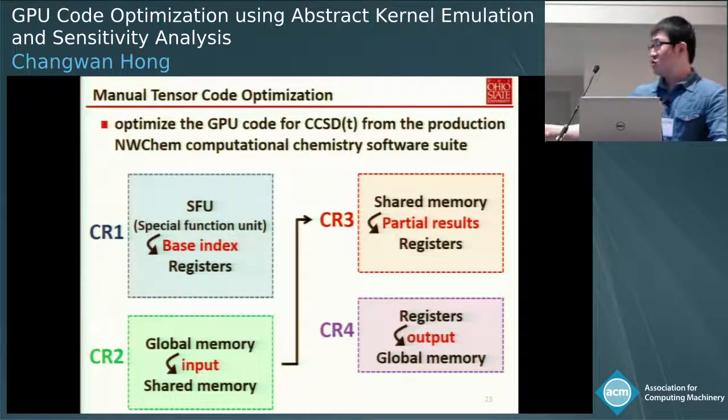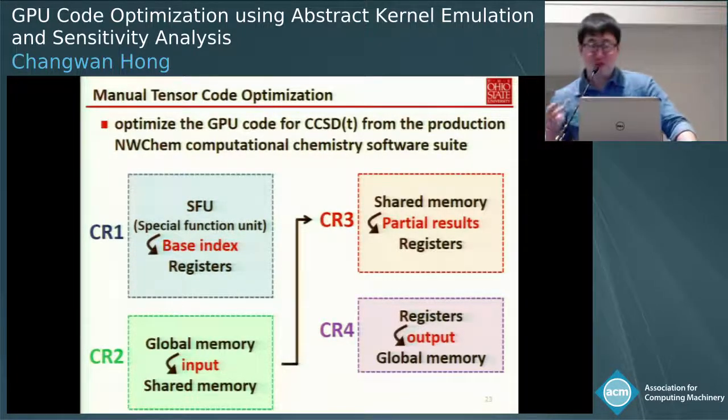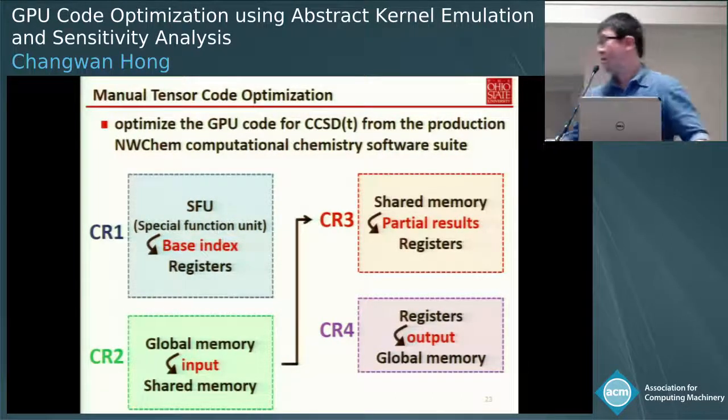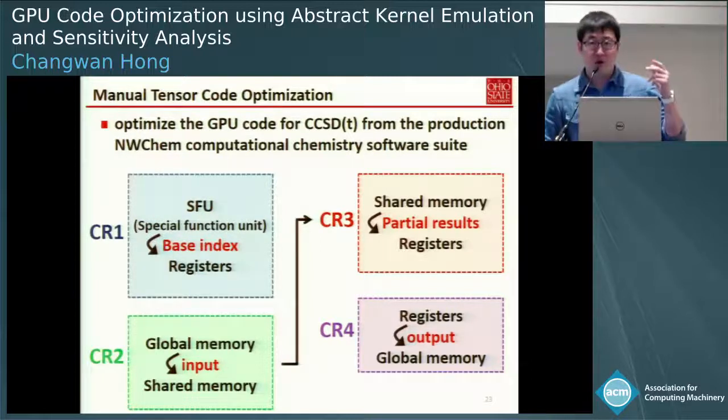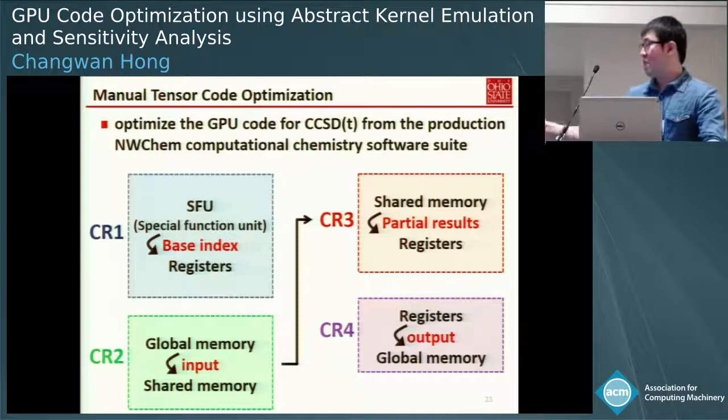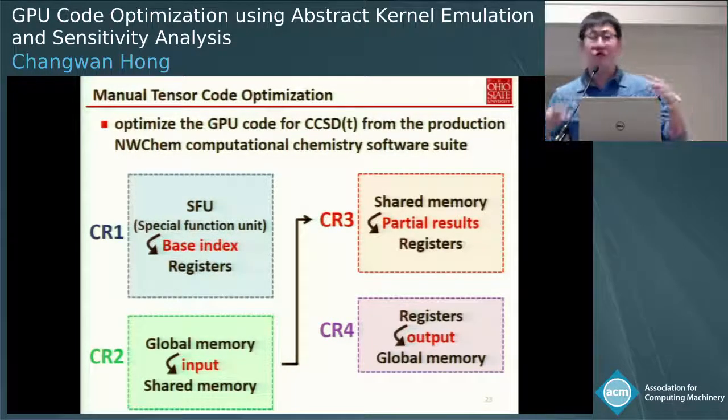In code region 2, partial inputs are brought from global memory to shared memory. In code region 3, partial results are accumulated in registers using shared memory. And in code region 4, output is written out from registers to global memory.